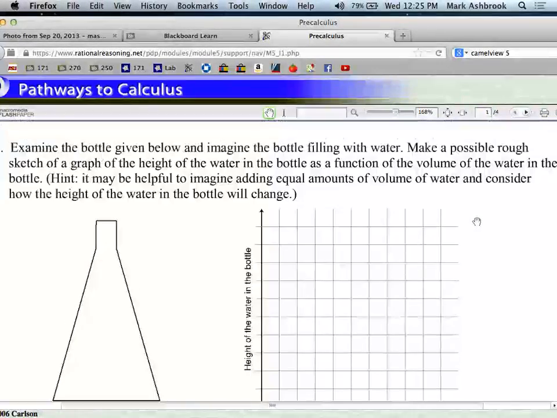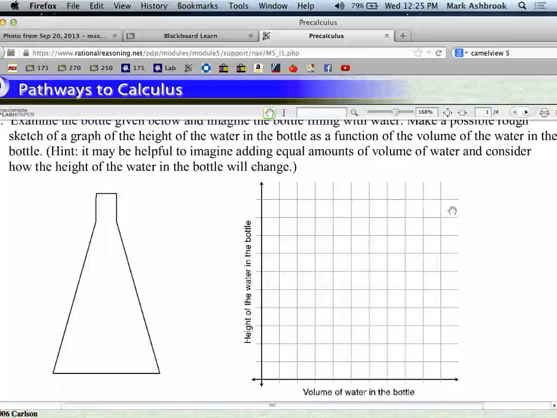Imagine filling the bottle with water. Make a possible rough sketch of the graph of height of the water in the bottle as a function of the volume of water. So we want the height of water in the bottle as a function of volume. And we're going to follow our step by step. Don't rush into the final graph, because when the examples get harder, you want to have this system down so you can analyze harder situations than this.